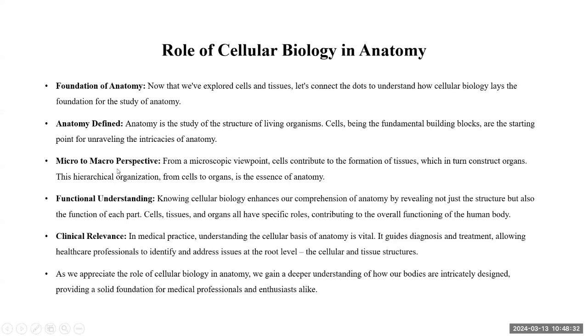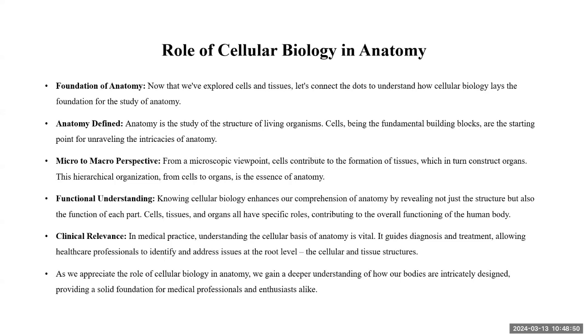Next is microscopic. It means we have seen cells that are microscopic, and then we moved through a hierarchy from the cells to the tissues, and then organs and the organ systems, and the whole human being.